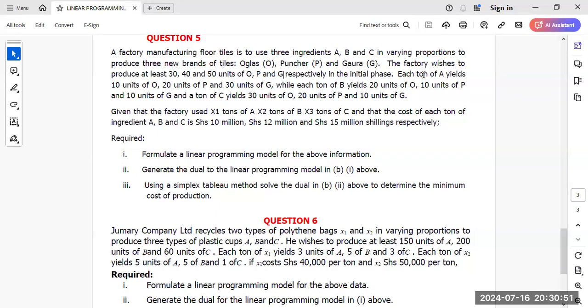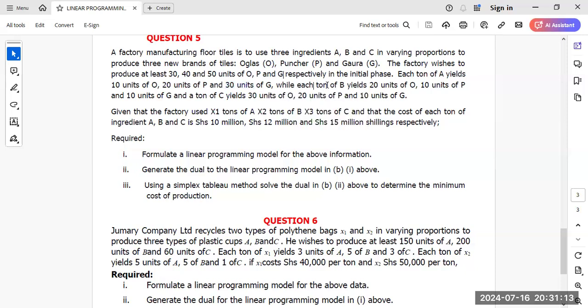That is each turn of A. It is yielding 10 units, then here 20 units, then here 30 units.